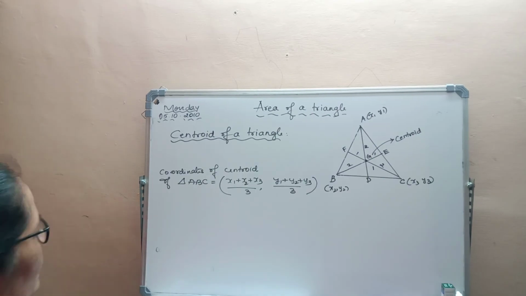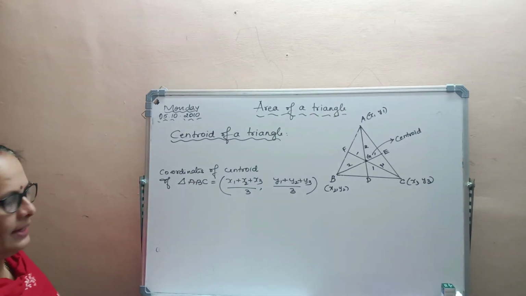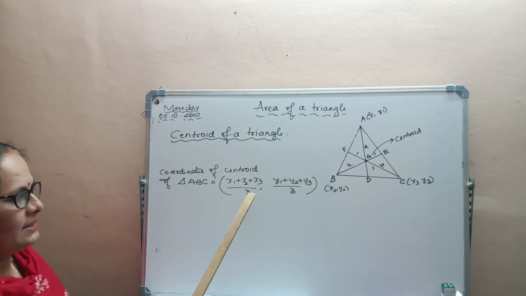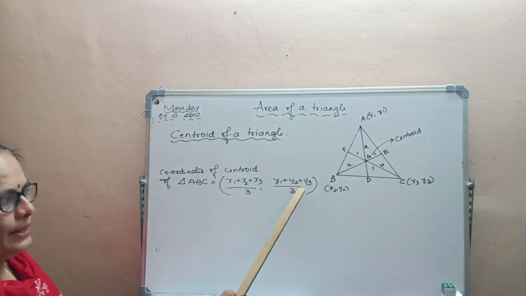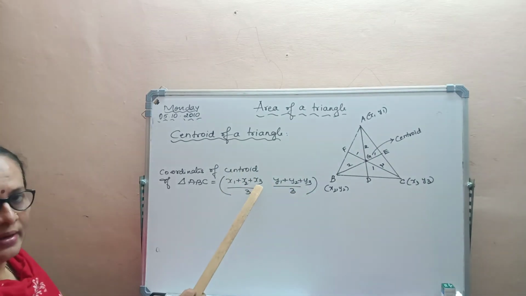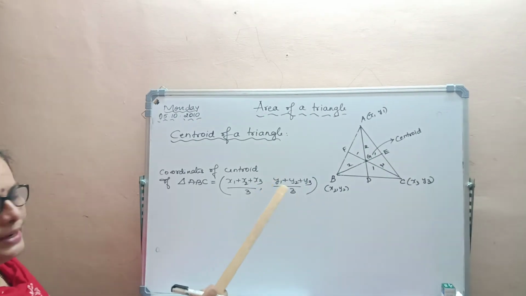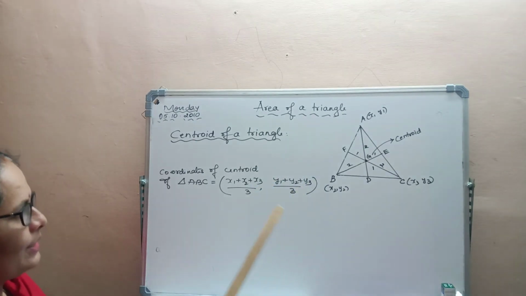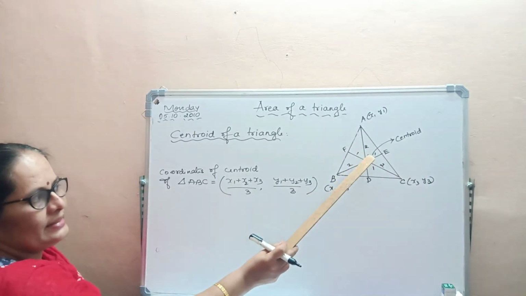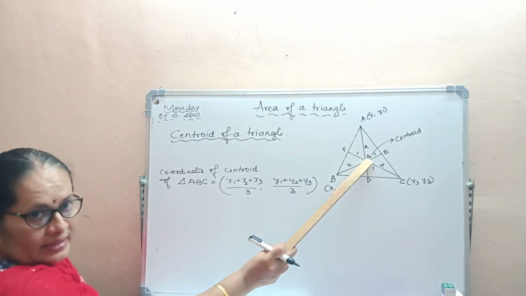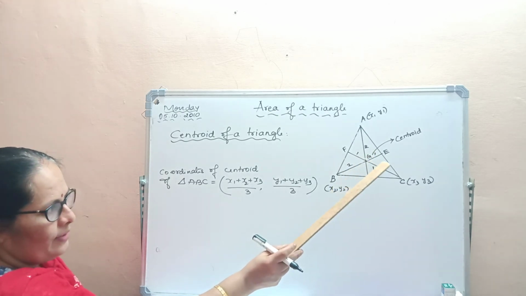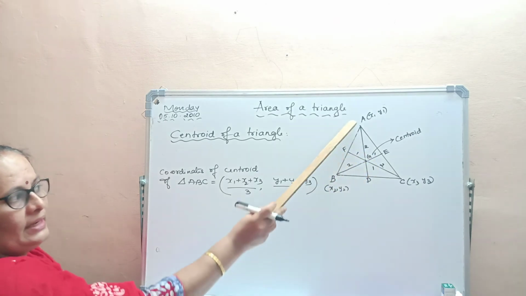So, coordinates of centroid can be calculated using formula x1 plus x2 plus x3 by 3, y1 plus y2 plus y3 by 3, where x1, x2, x3 are the abscissas and y1, y2, y3 are the ordinates. Using this formula, we can find out the point of intersection of three medians, that is centroid. So, using this centroid, we can find the length of the median.